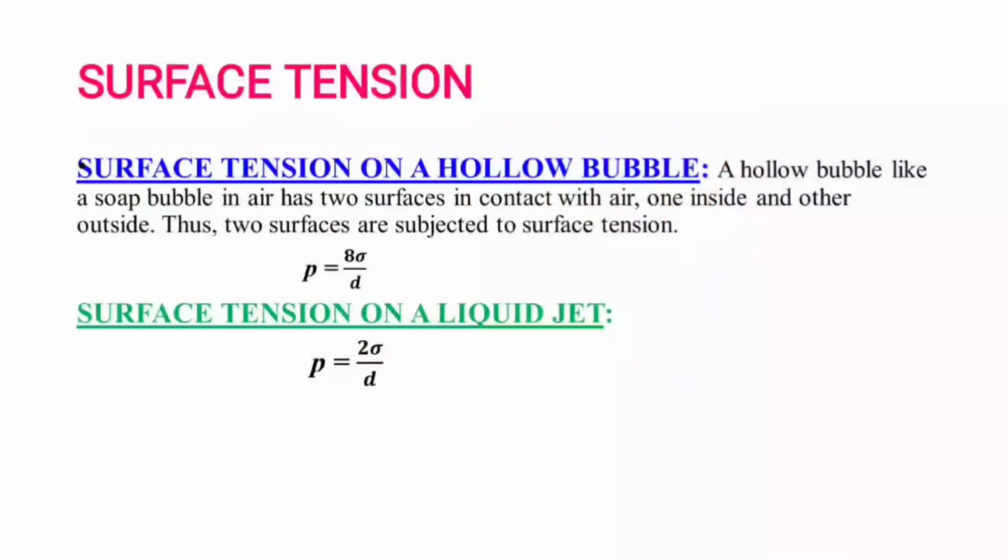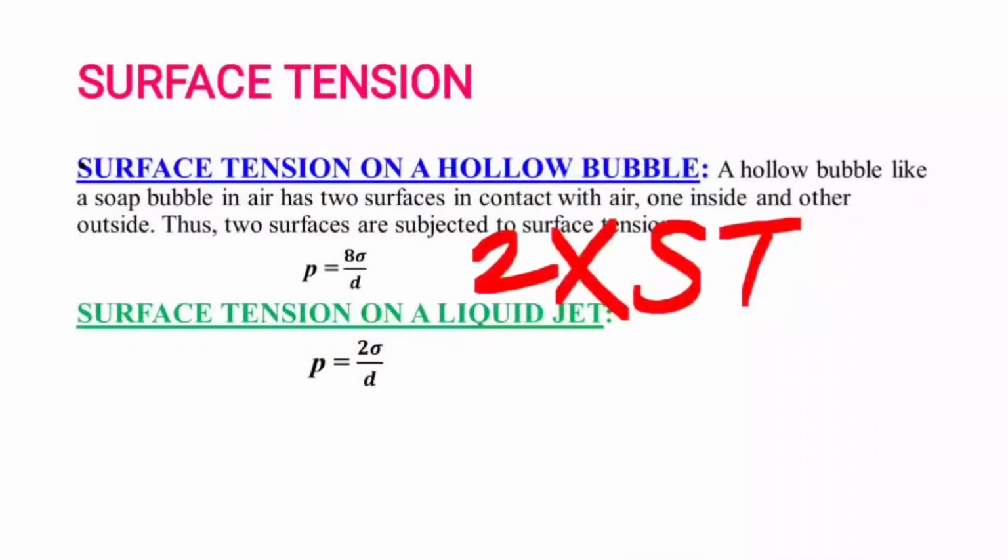So it is two times the surface tension of a droplet.